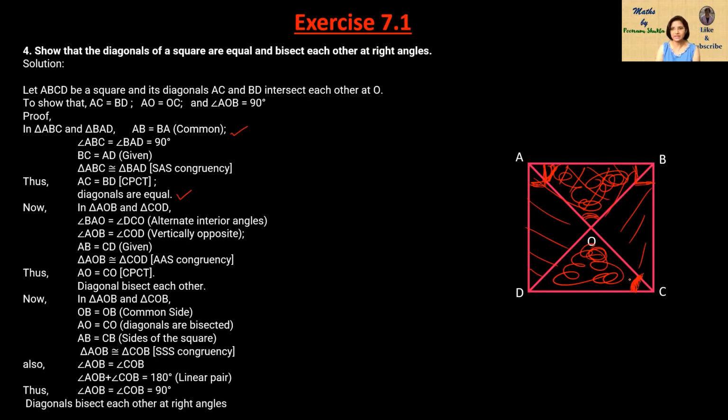You can write anything. This angle, why? Because these two are parallel lines and this is a transversal. So these are alternate interior angles.